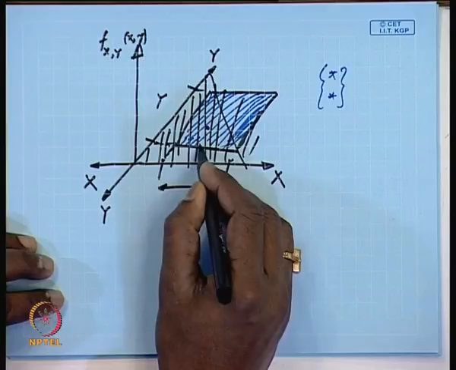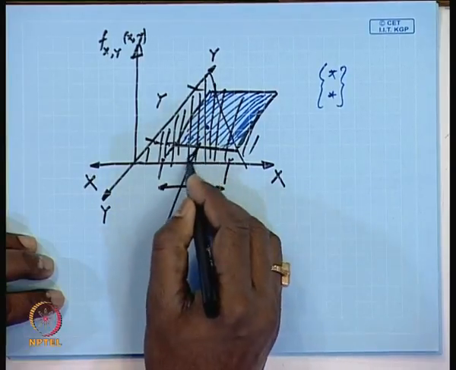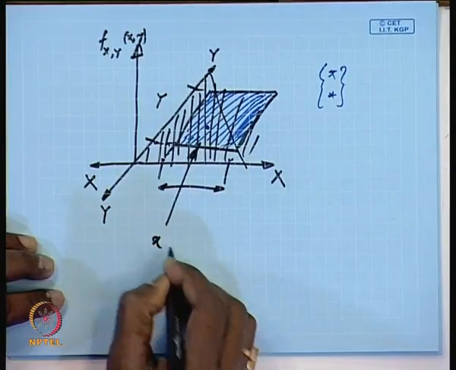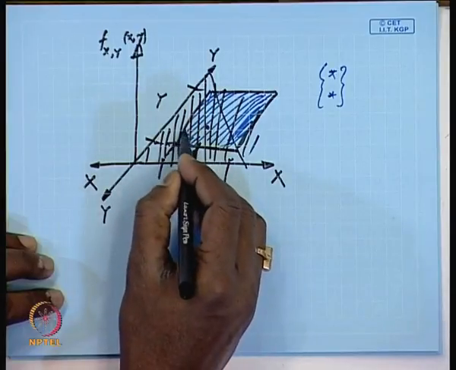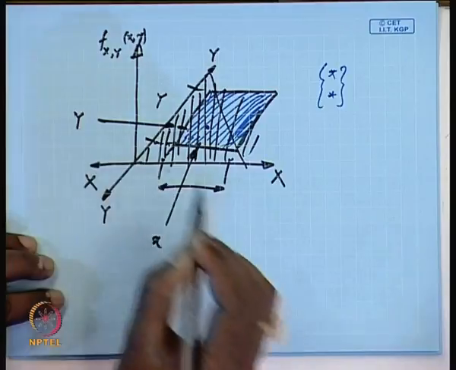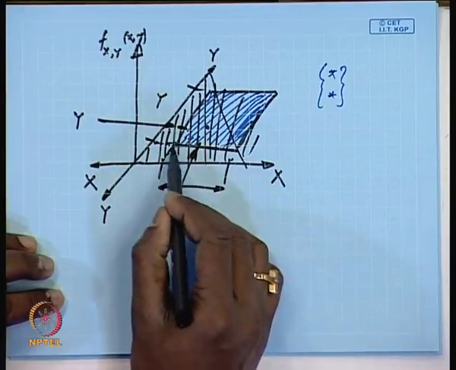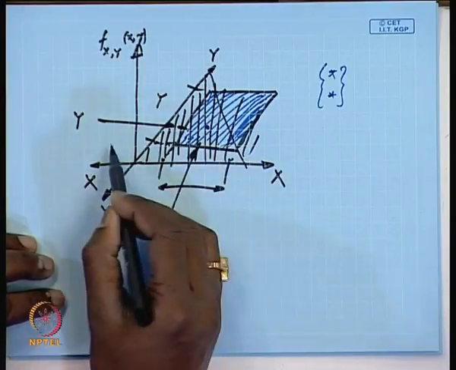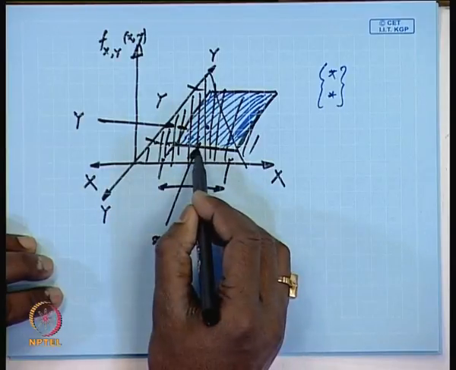What I am talking about is this: suppose this is the specific value of x, and there is some value here, y. For the single random variable, we integrate from the left extreme of the support to this specific point.